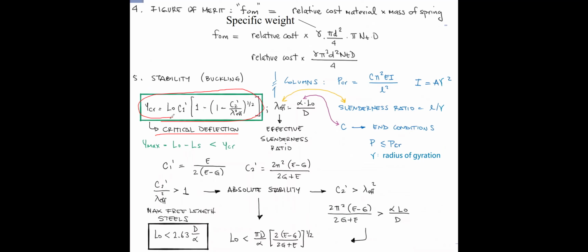Also there is lambda EFF, which is the effective slenderness ratio of the spring.